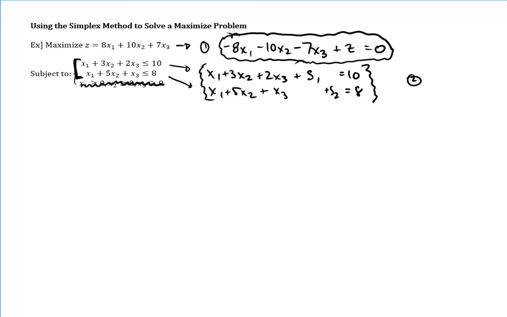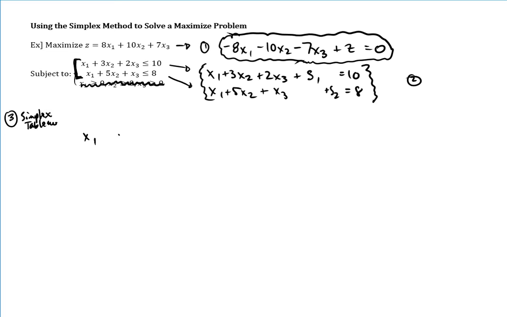Now that we have these two big steps done, we can write it as a simplex tableau. So this is step 3, getting the simplex tableau ready. First let's see the variables: x1, x2, x3, s1, s2, and then z. So it looks like there are 6 things that are important to us.